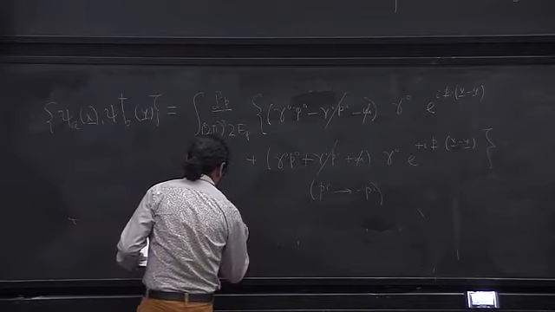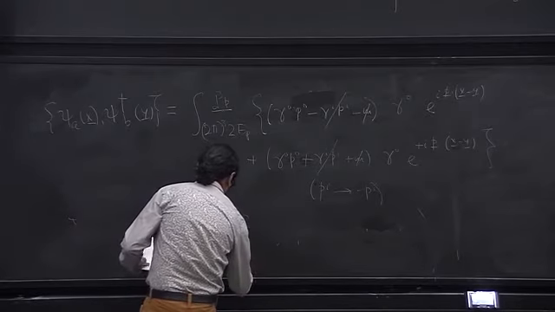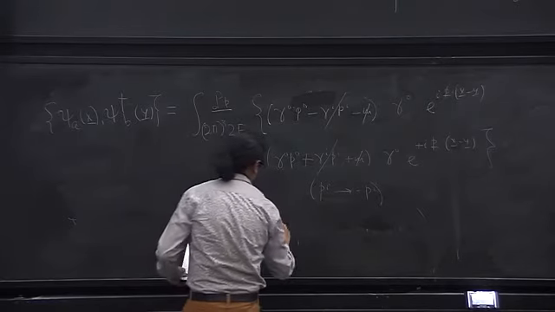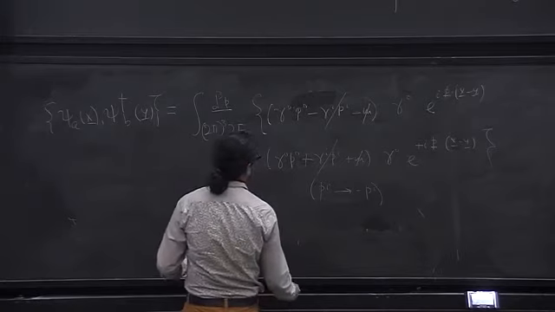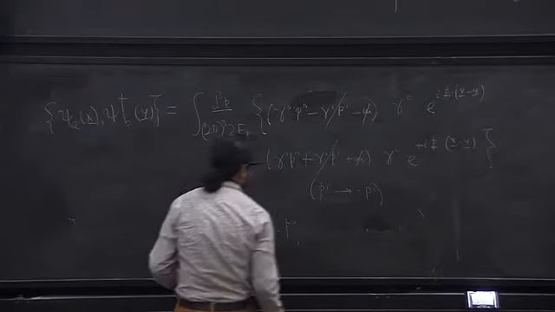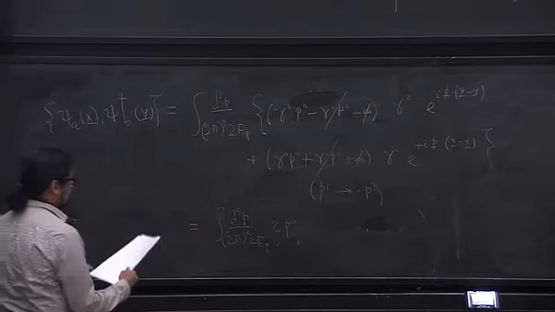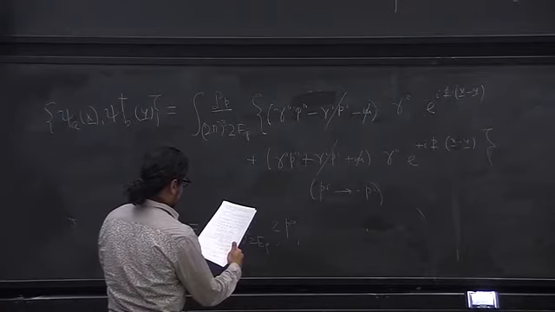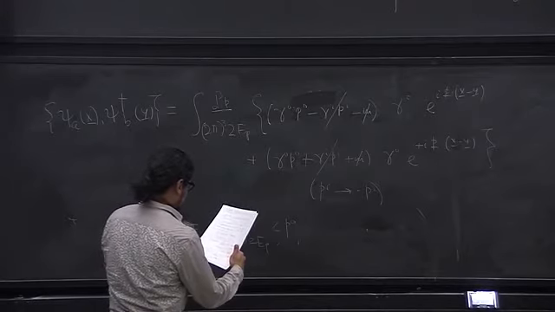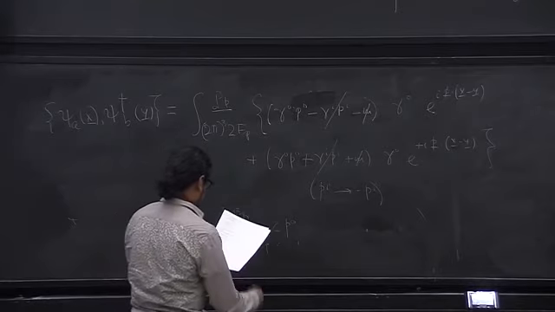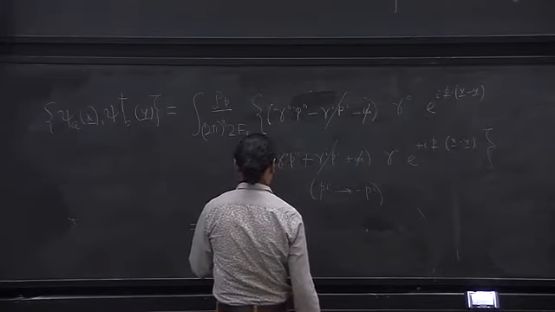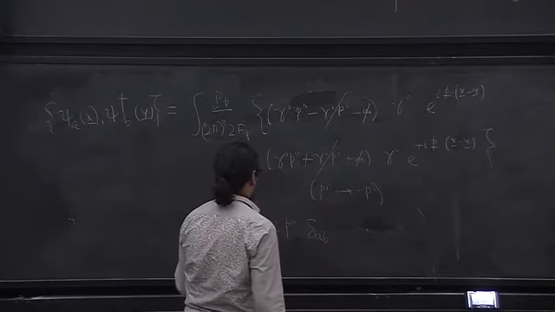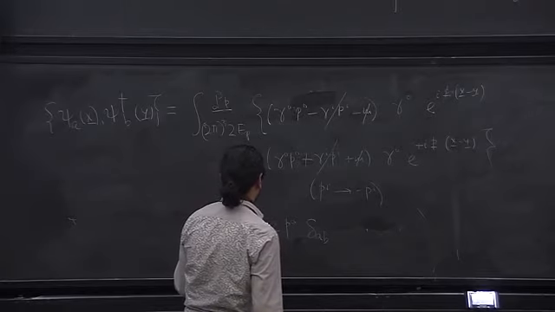we have d cubed p over 2 pi cubed 2 E_p, and then here we have 2 p0, because the gamma zeros square to 1, and we have a delta AB from the fact that gamma.